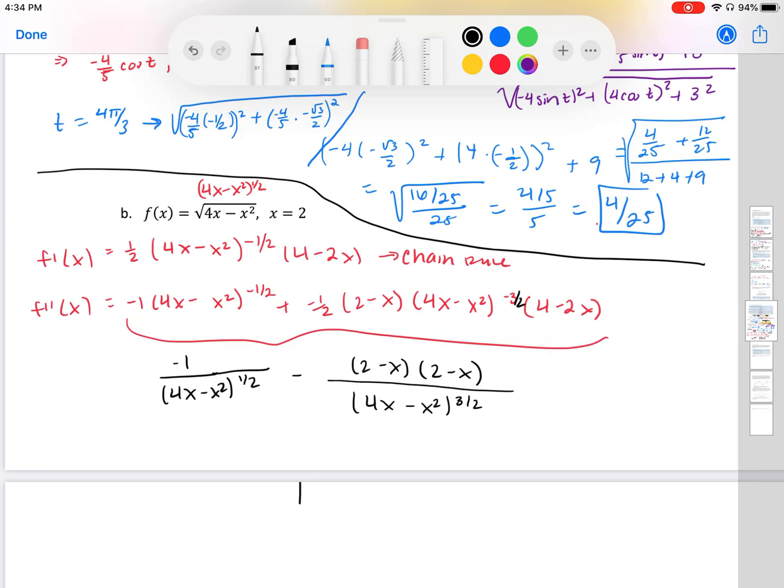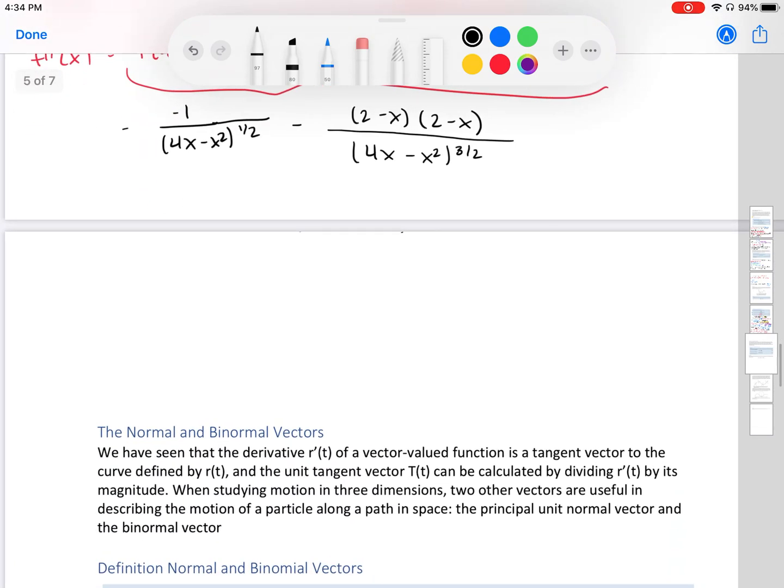Okay, then I want to get like denominators. So that we have a negative 4x minus x squared minus 2x minus x. We have 2 of them, so we write squared, all over 4x minus x squared to the 3 over 2.